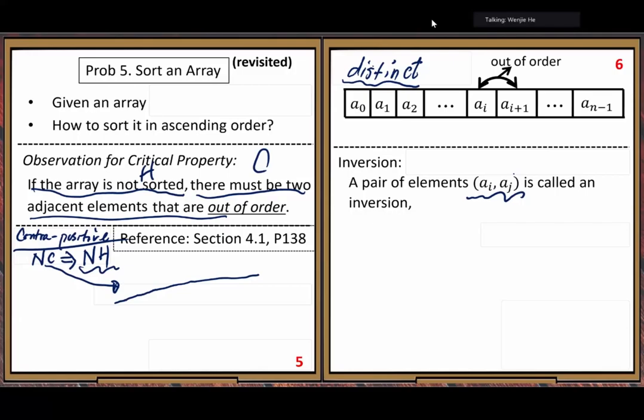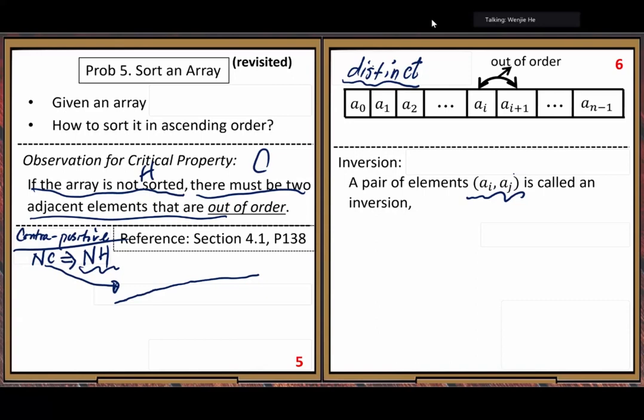So with that observation, when we need to spend our time to do the work, which state should we focus on? Ascending order or descending order? Ascending order, right order. Descending order, wrong order, right? So we should focus on the wrong order.